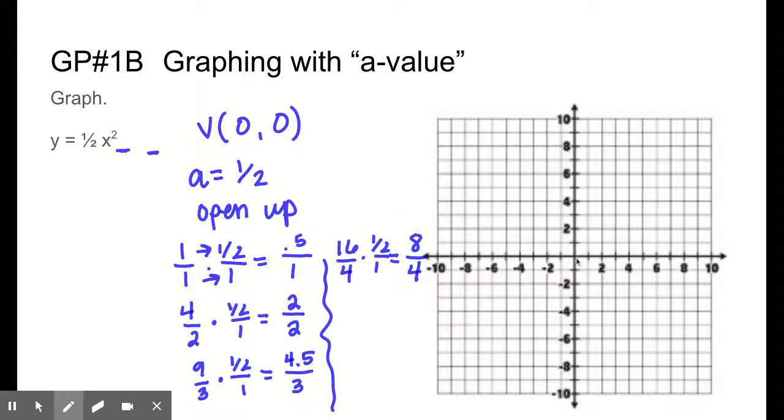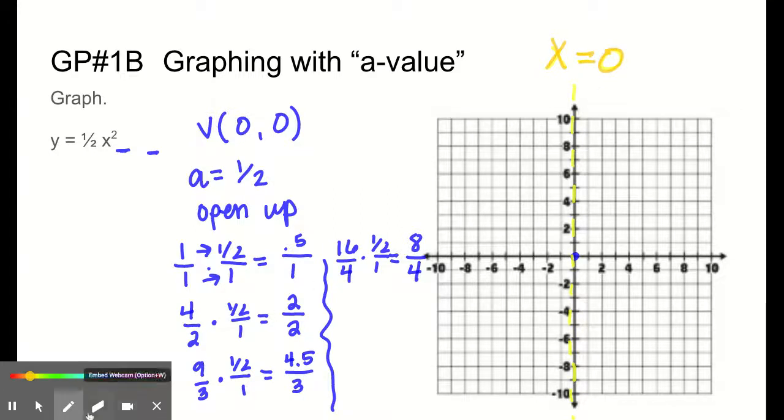So our vertex is at 0, 0. Our graph is opening up, so we're going to use our graphing pattern in the upward direction. Let me go ahead and draw my axis of symmetry. Again, this is at x equals 0. That yellow is a little bit difficult to see, isn't it? So from the vertex, we're going to use our first movement, which is up 1/2 over 1.